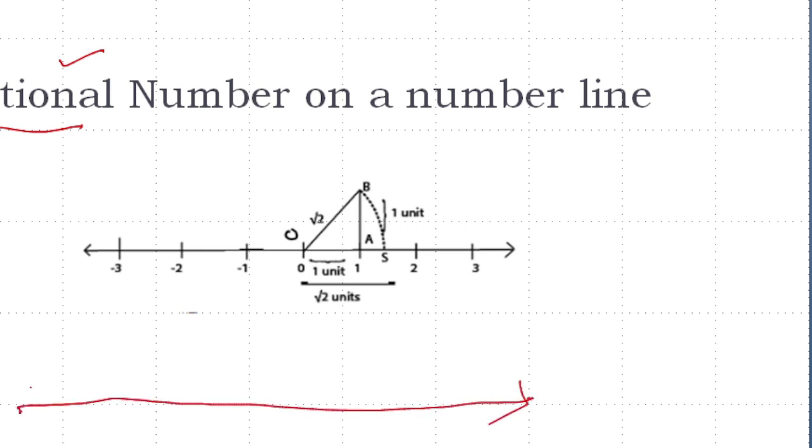From childhood you know this number line, which is 0, 1, 2, 3, and this is -1, -2, -3. This shows the rational numbers: the whole numbers, the natural numbers, and the integers.